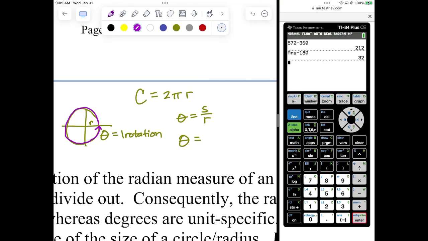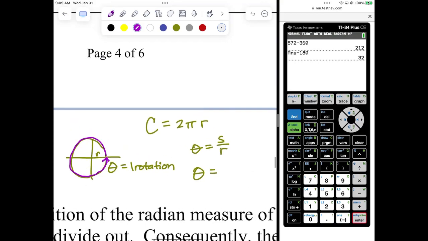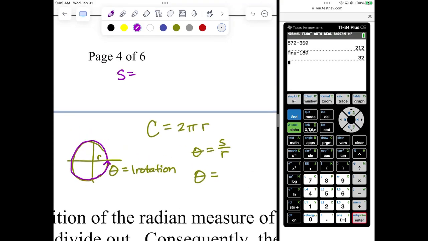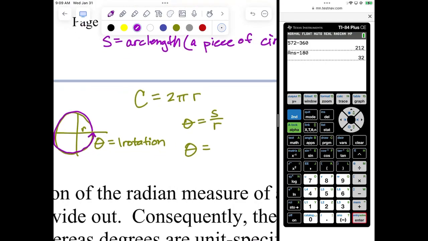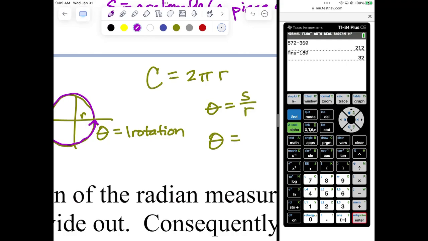It's part of the circumference. I want you to realize that because that seems to be unclear. S equals arc length, which is just a piece of the circumference. But for one rotation, what is the arc length? What's another name for the arc length if I go all the way around?